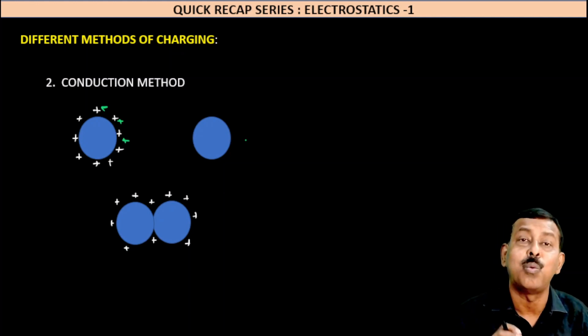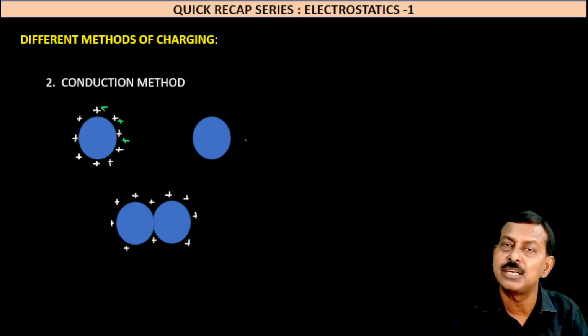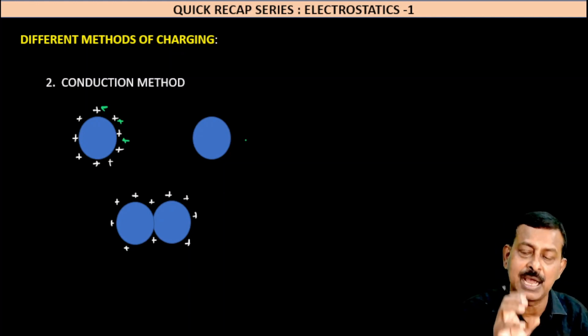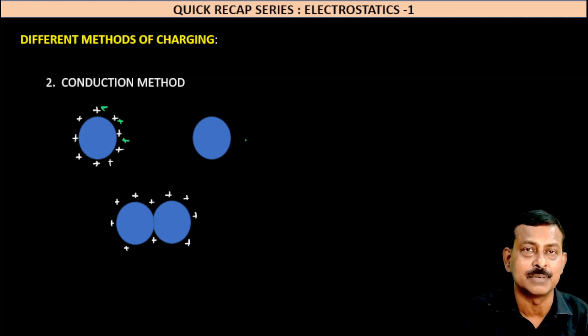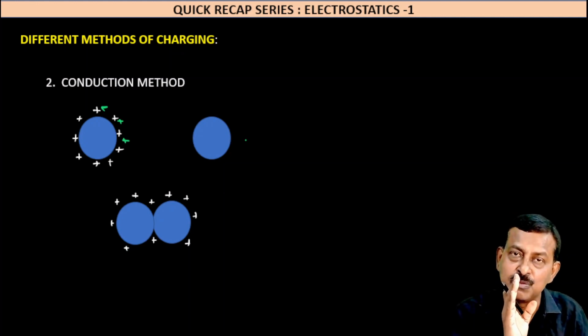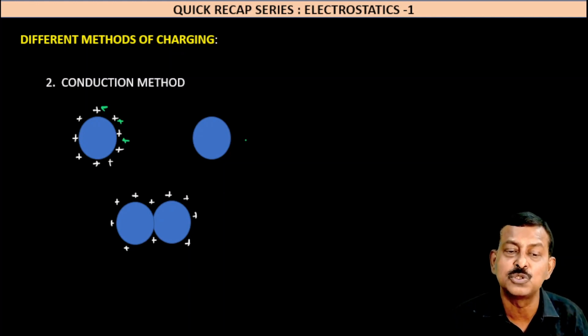And why is there a sharing? Because the two bodies are at different potentials. The body which is charged has a higher potential. The body which is uncharged is at, say, zero potential. So when we put them in contact, the charges will move from high potential to low potential, and that flow makes the charges get shared between the two.